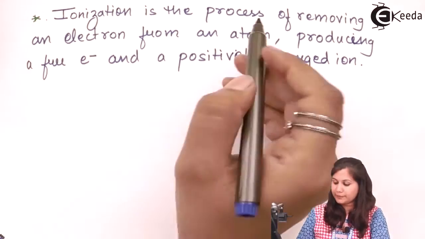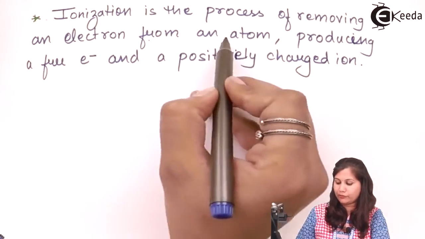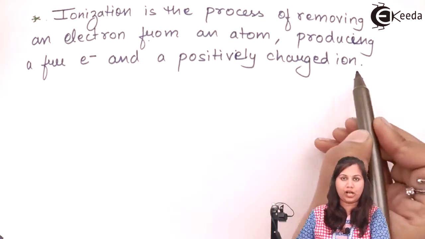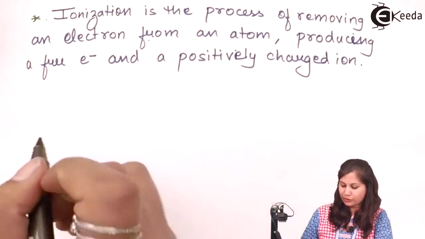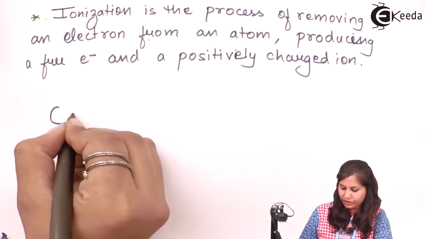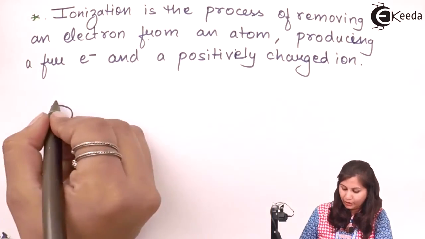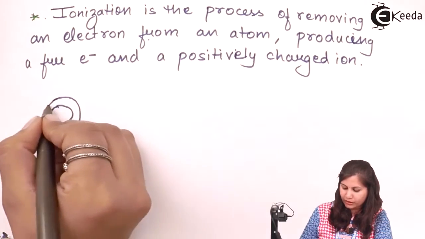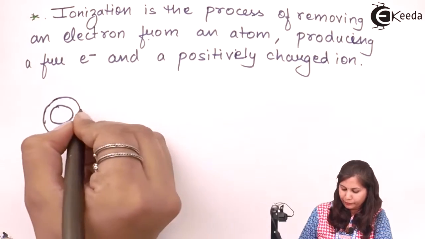So ionization is the process of removing an electron from an atom, producing a free electron and a positively charged ion. If we see the structure of an atom, we have the nucleus, and around that nucleus we have the orbits in which the electrons are revolving.